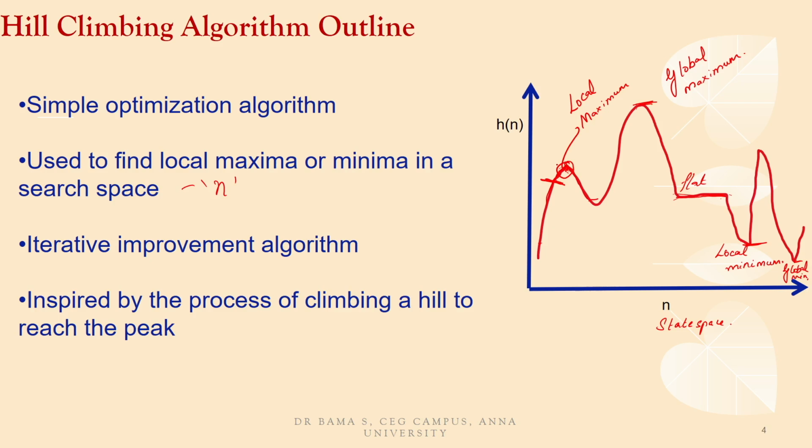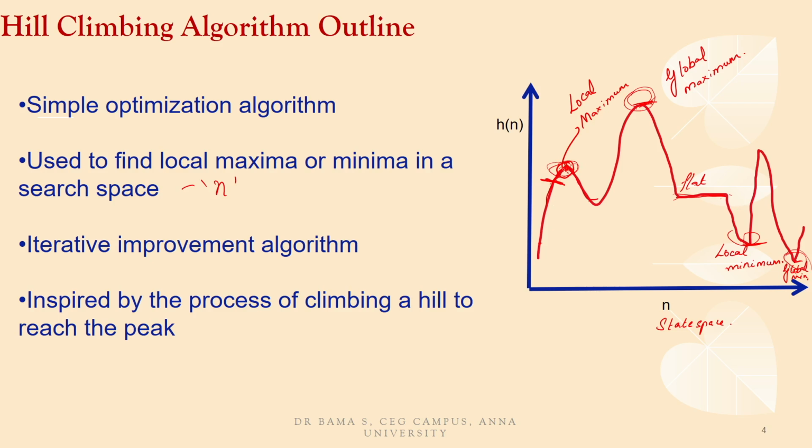So our answer may be here, here, here or here. The actual answer may be here or here, but we may tend to take this as the answer. Why? Because we are looking only at the immediate neighbors.